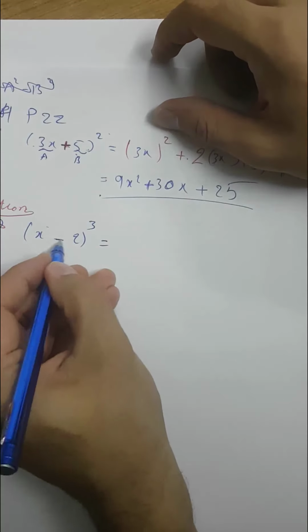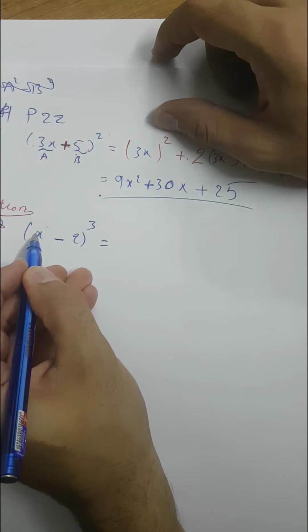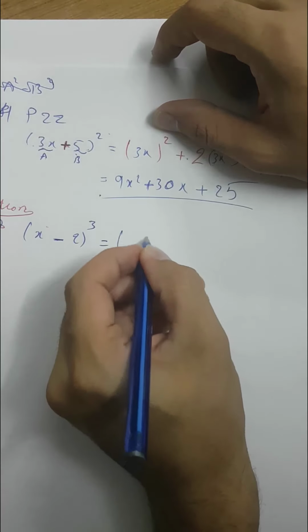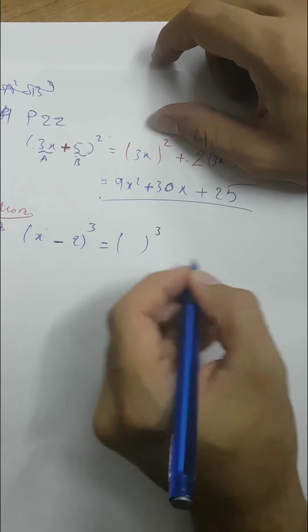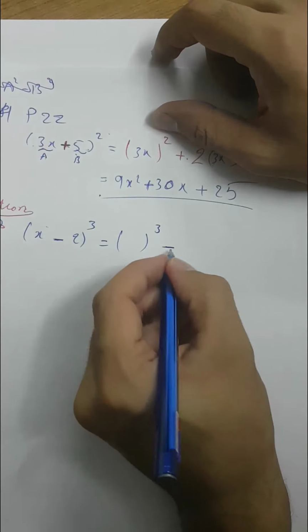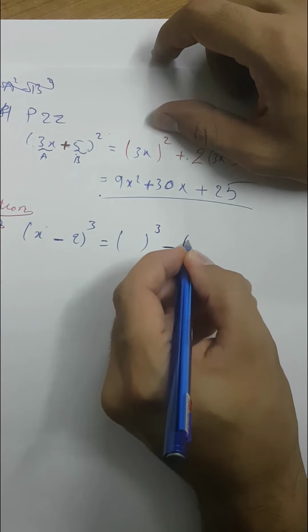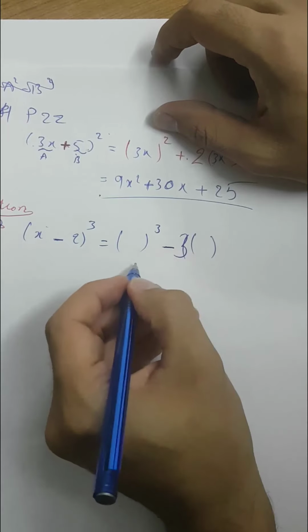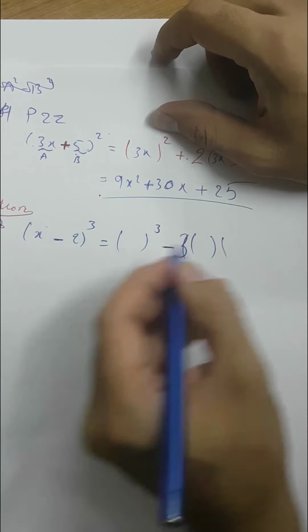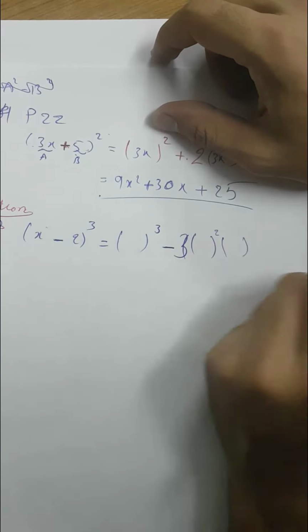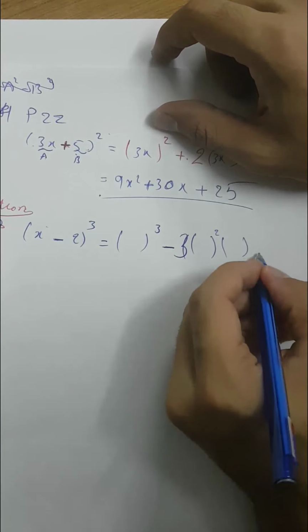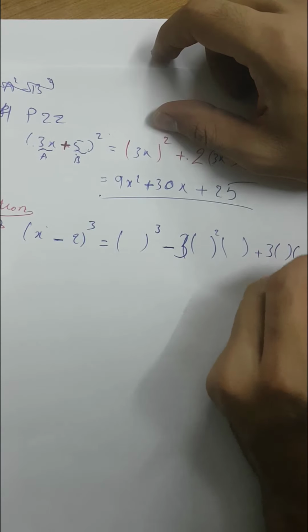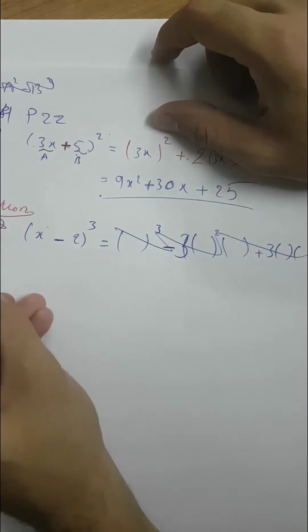So this one I say what? This is the cube of the difference. So I say first cube, because I have negative, I say negative 3, as usual, second square first plus 3 and b cube. Okay, I'll write it down again for you.